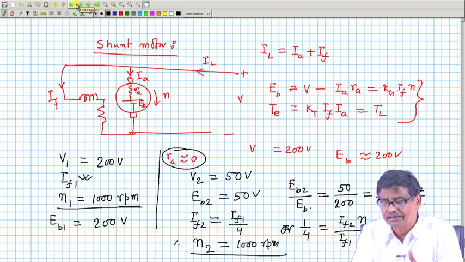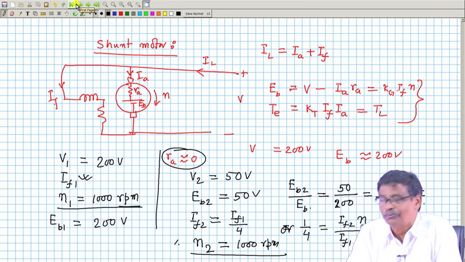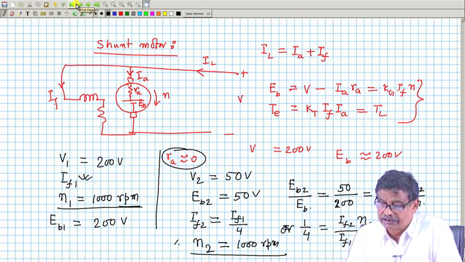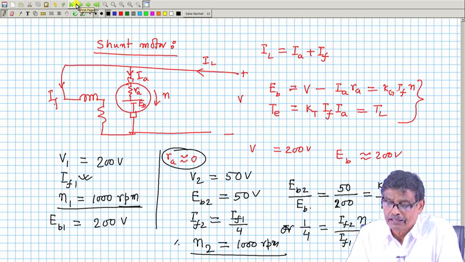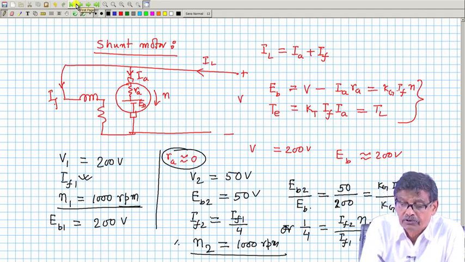I have assumed it is running at steady state. How it reaches steady state, that also I will discuss, but first is this steady state, and you can carry on calculations. So, several problems once again you can solve on your own and enjoy analyzing DC motors. Okay? We will continue with that.